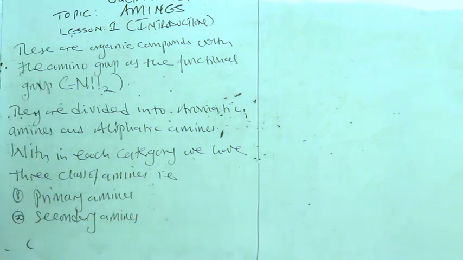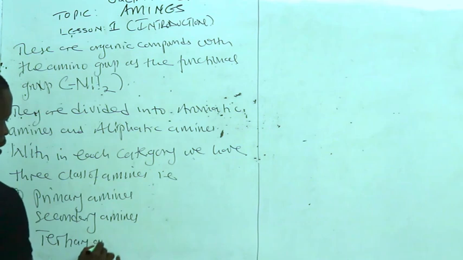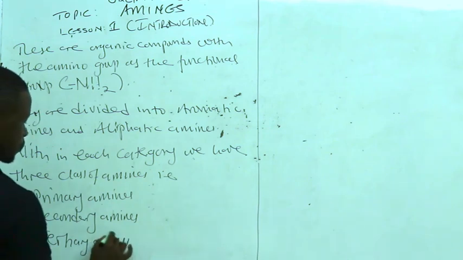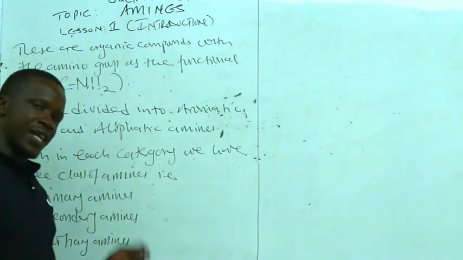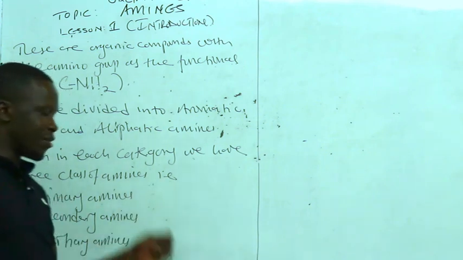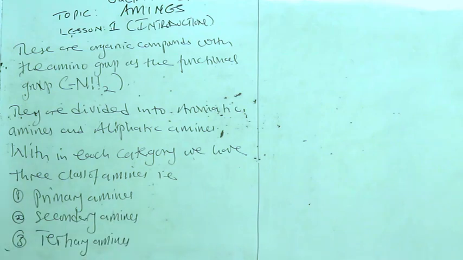So in this case, we can have secondary aliphatic amines and secondary aromatic amines. And then number three, we have what we call tertiary amines. And these tertiary amines can also be tertiary aliphatic amines or tertiary aromatic amines. So we shall be looking at each of them.